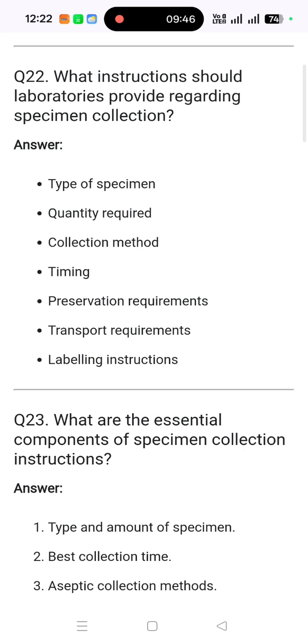Collection method, what collection method you want. Timing, whether before giving the antibiotics or after giving the antibiotics. There are some diseases where you need the sample in the morning, sometimes you need the sample in the evening, so you have to tell them all that.